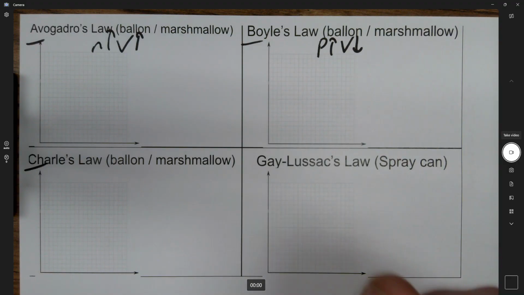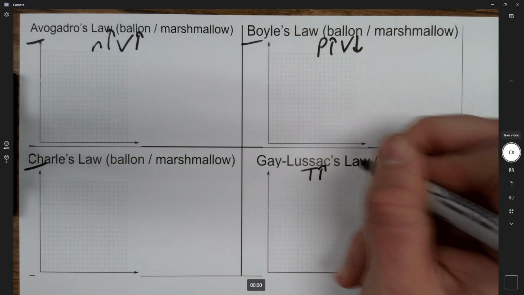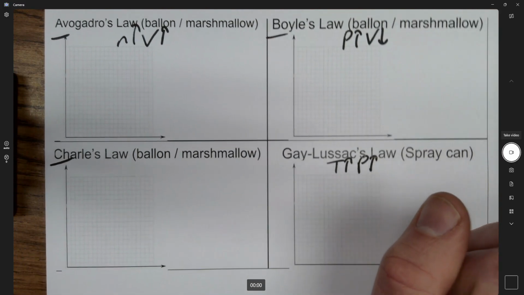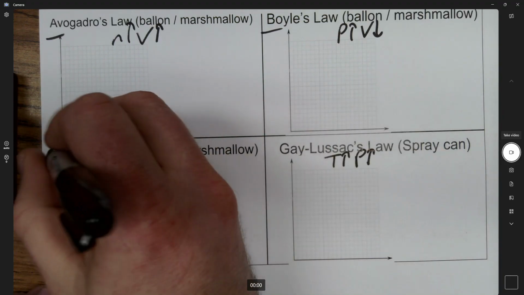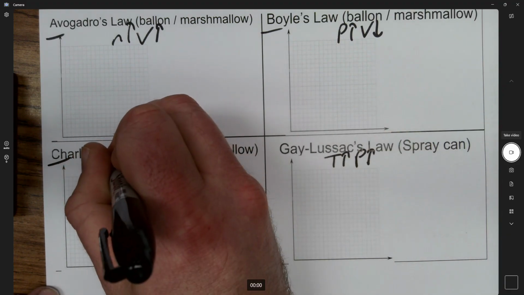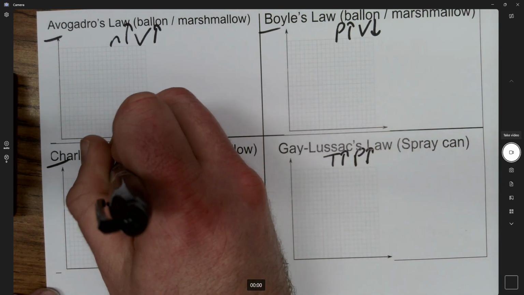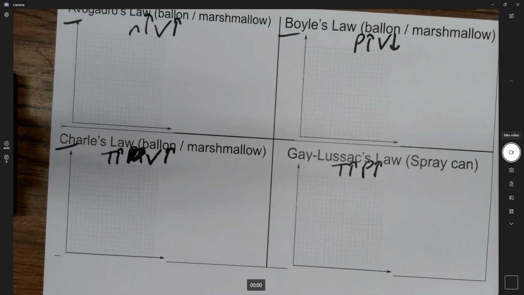Station 3 was Gay-Lussac's. As my temperature increased, so did my pressure. And lastly, Charles was Station 4. As the temperature increased, so did my volume.